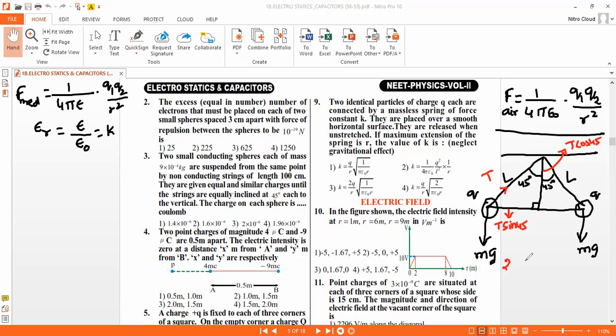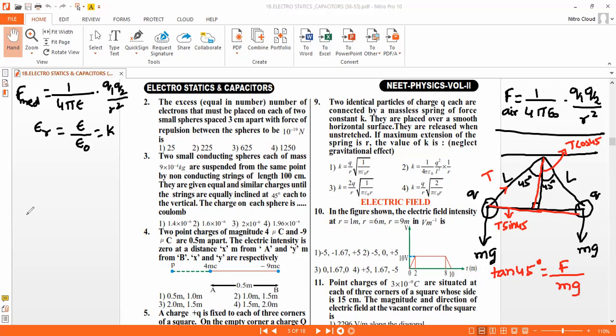So, tan 45 is opposite side by adjacent side. Here the opposite side is the force between the two charged particles, which I'll write as F, and the adjacent side is the weight, that is mg.